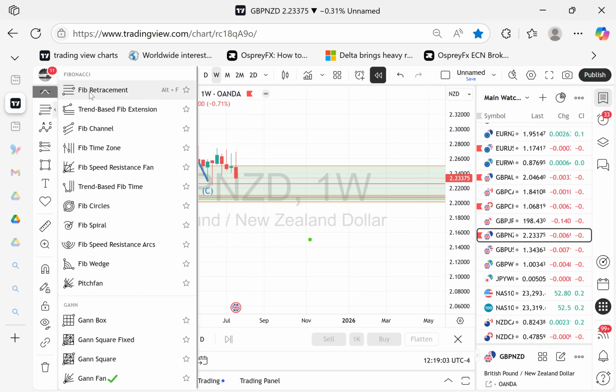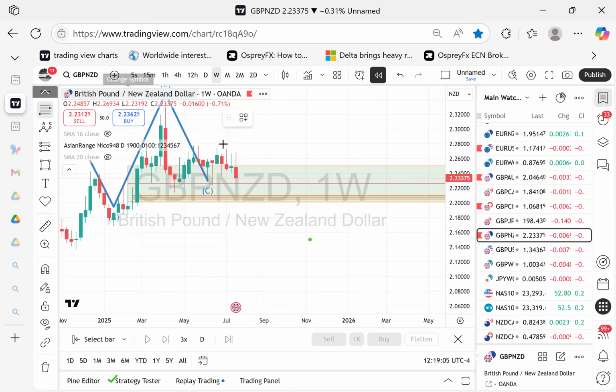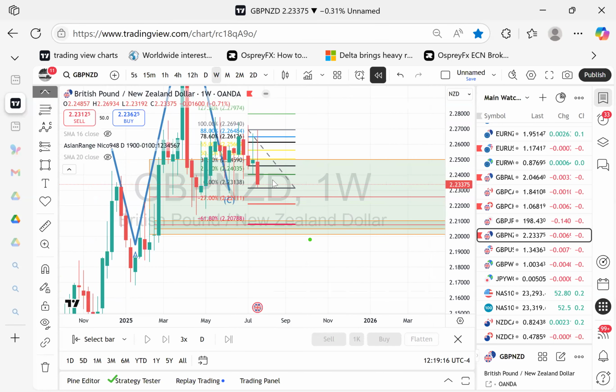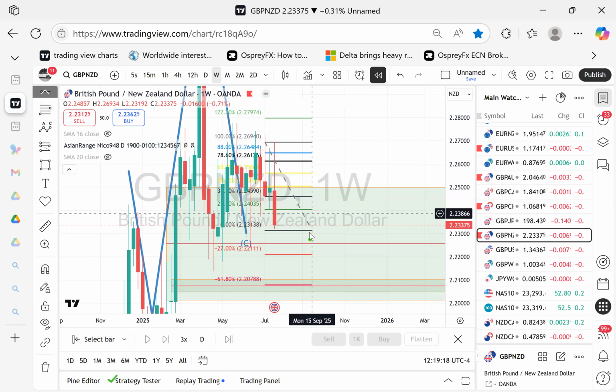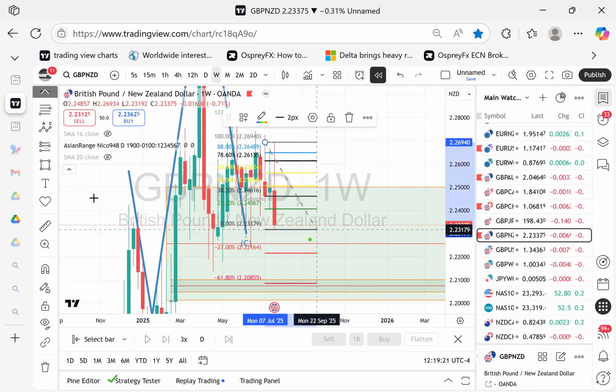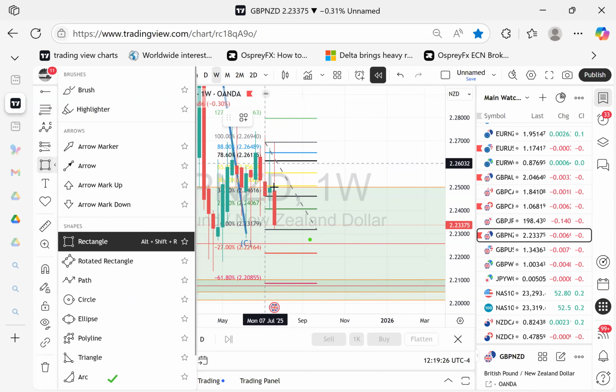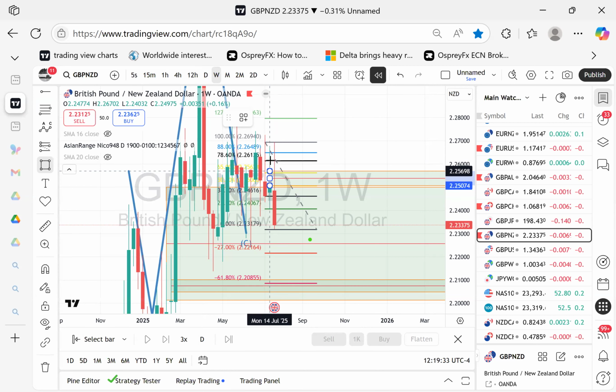I'm just gonna pull back. So all I need to do is fib this down move right here that happened on this candle last week. Once I fib that down move, I'm putting my box, my zone from the 50 to the 78.